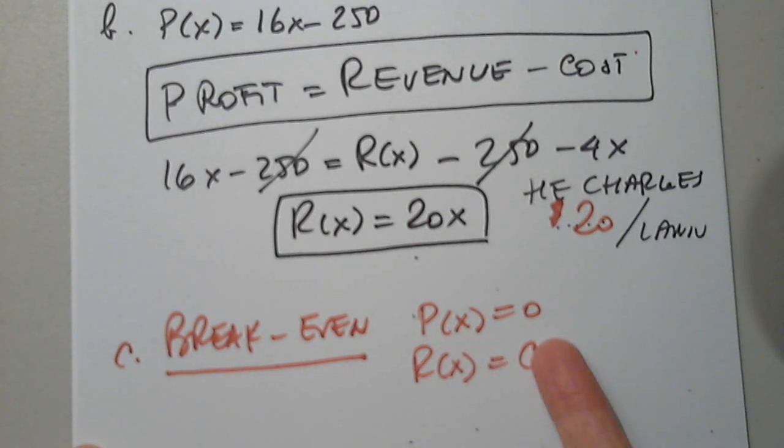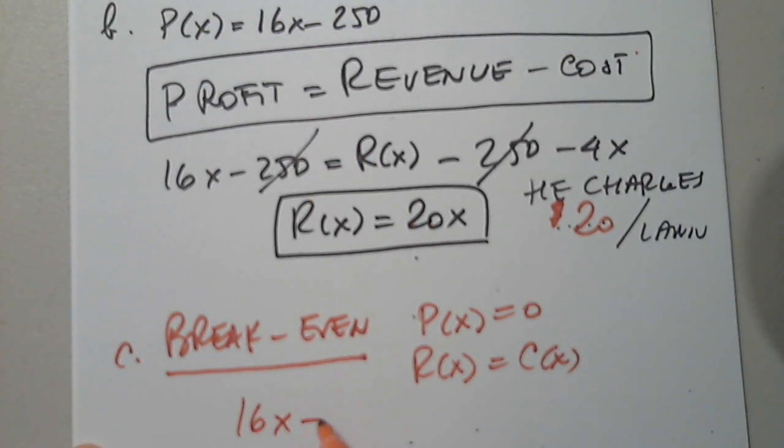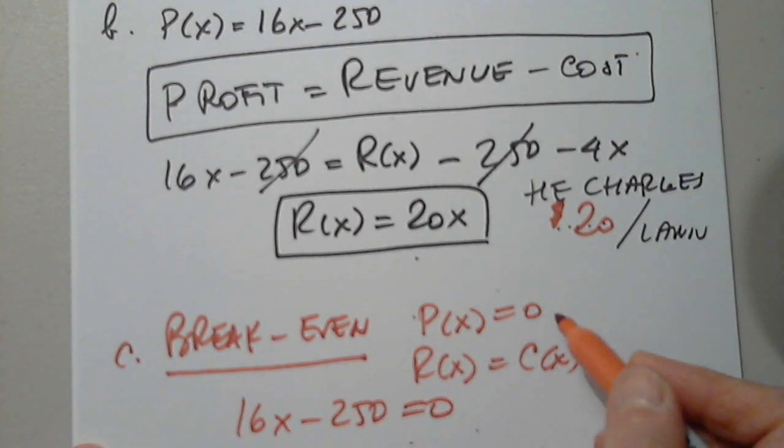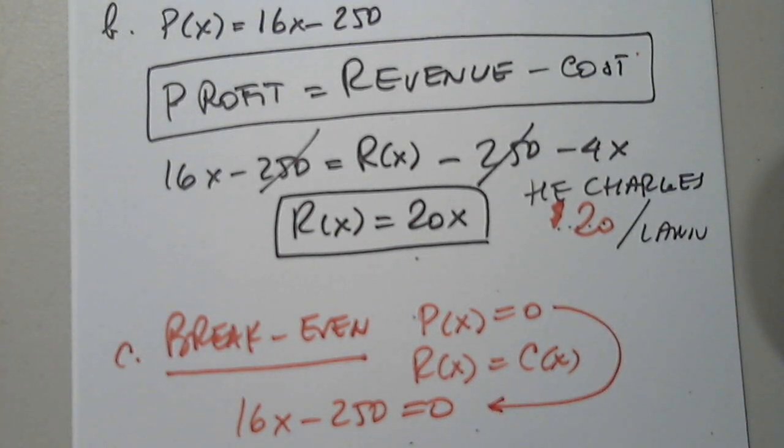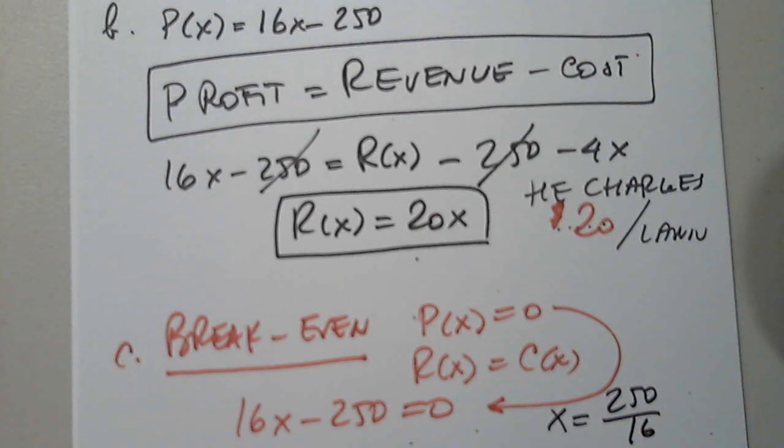So the easiest one, we have 16x minus 250 equals 0. I'm using the first option. You can use the second option, you'll get the same answer. Of course, I have to move 250 and divide by 16. So 250 divided by 16. How much is that?